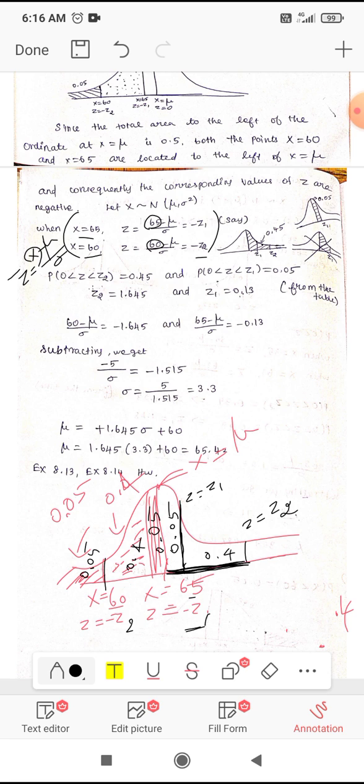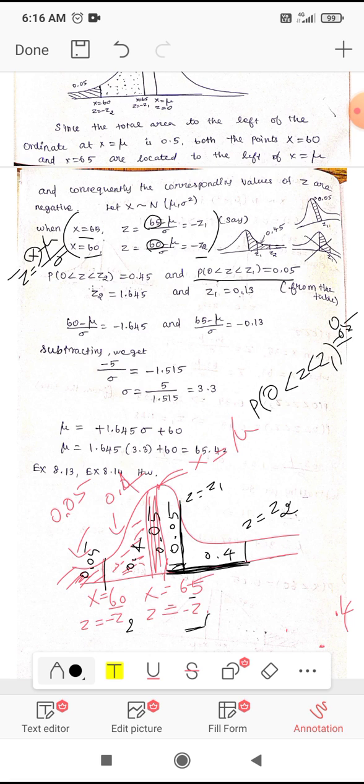Now I am going to find the values of z1 and z2. From the diagram we can determine the values. What is the value from 0 to z1? The probability of 0 less than z less than z1 is the value of this region, that is 0.05.